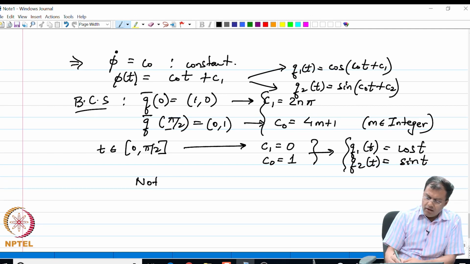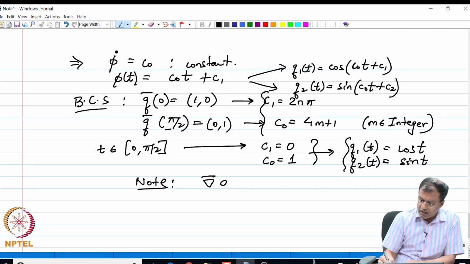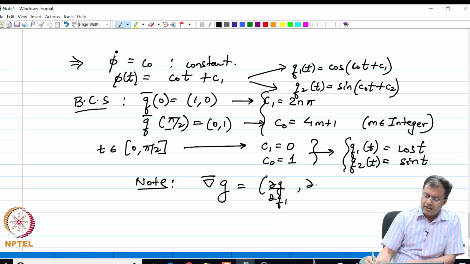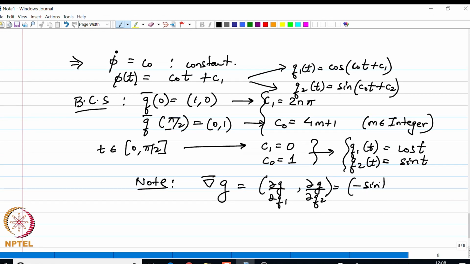Note, we did not even check whether the problem was normal or abnormal, but note that if we were to calculate the gradient of g, the gradient of g is the derivative of g with respect to q1 and the derivative of g with respect to q2, we will see that now since we have evaluated q1 and q2, it comes out to be sin t cos t.